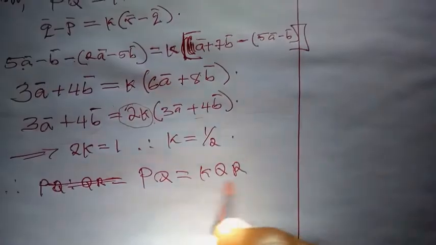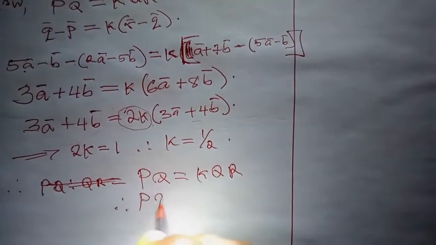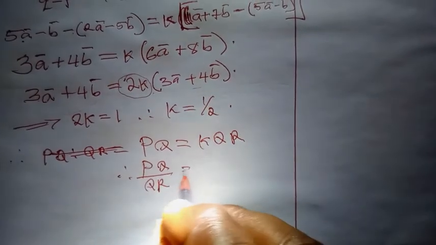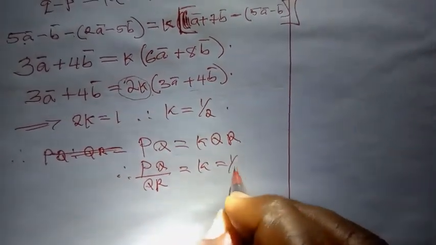So I can just divide through by QR to give me PQ over QR equal to K, which is equal to half. So I have found it.